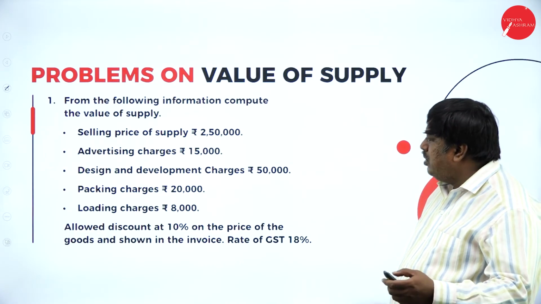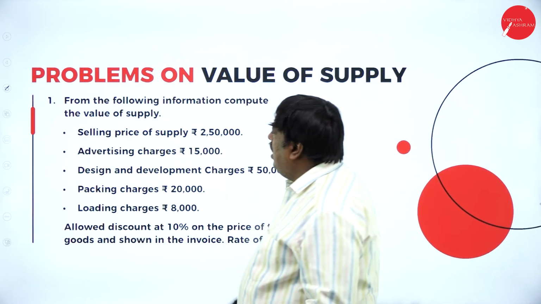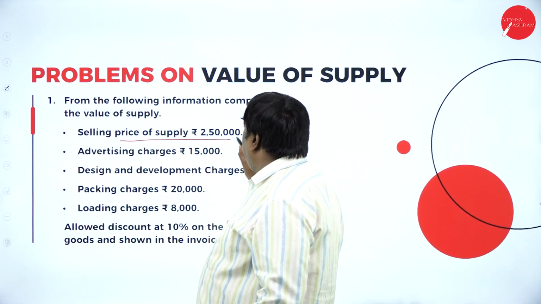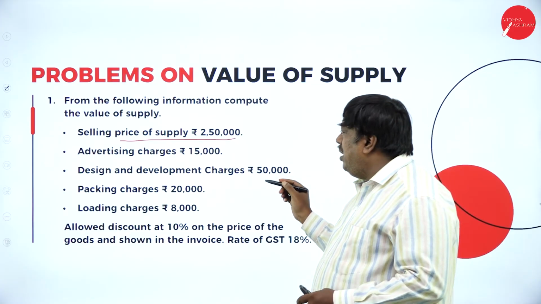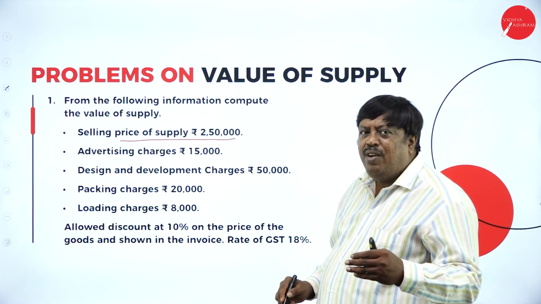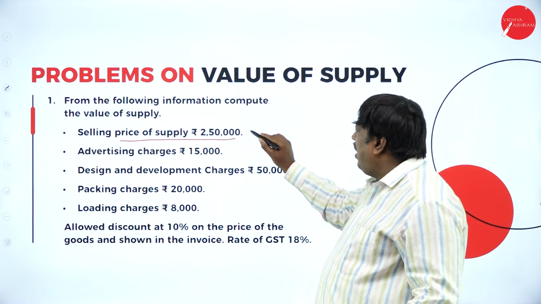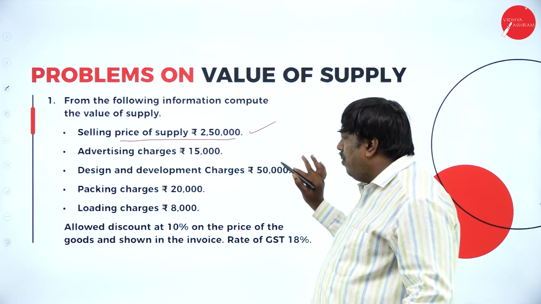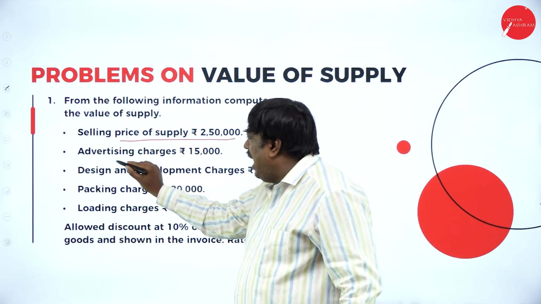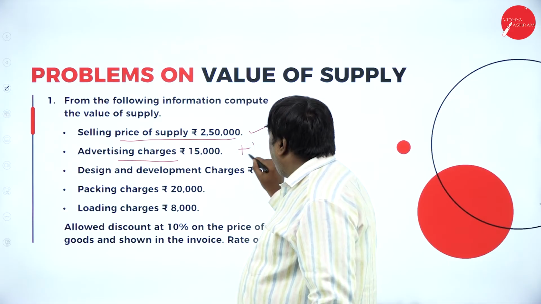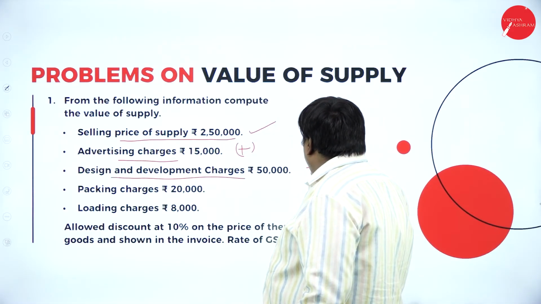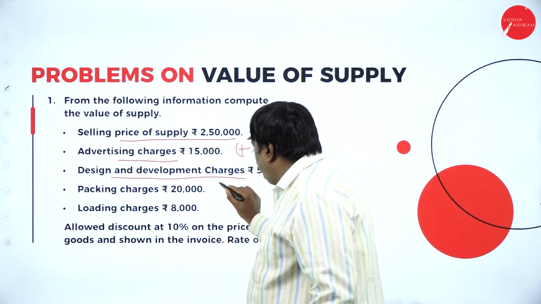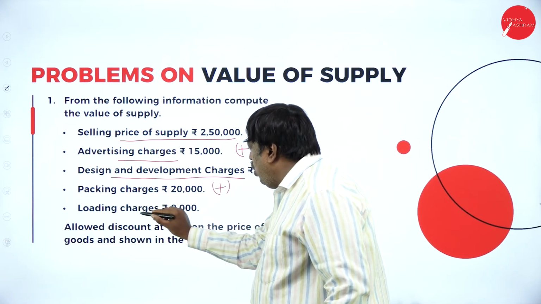Let us consider one simple problem. The selling price of the supply is 2,50,000. They have not given any information, so it is exclusive of taxes, and we can write it directly in the outer column. Then add advertising charges, design and development charges, packing charges and loading charges.